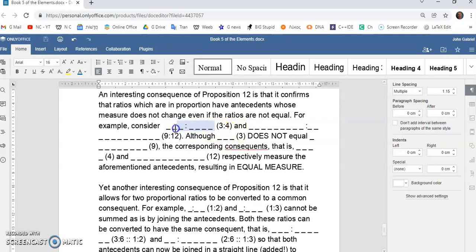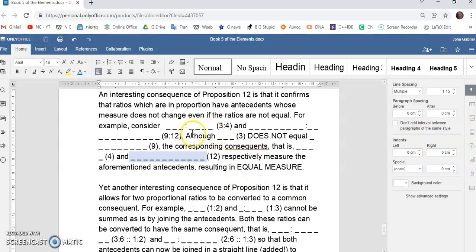So if you consider this ratio and this ratio, although this antecedent does not equal the following antecedent, this long one here, the corresponding consequents, that is this and this, respectively, measure the aforementioned antecedents, resulting in equal measure.